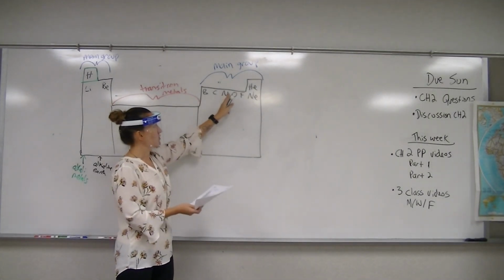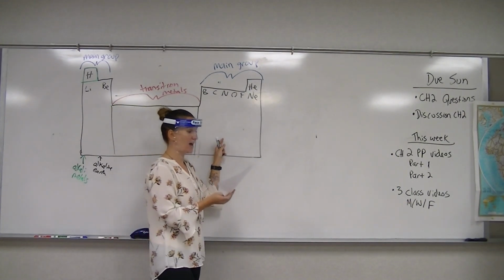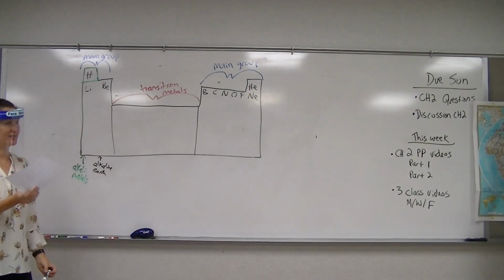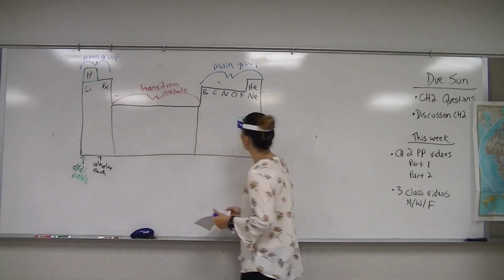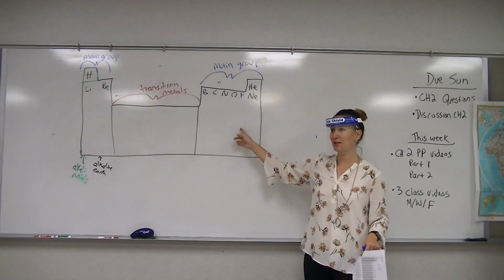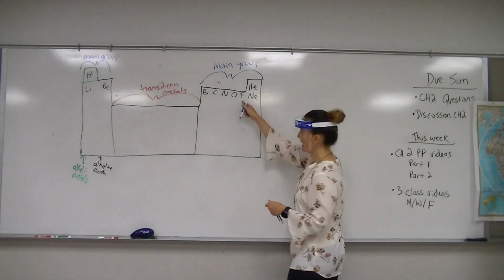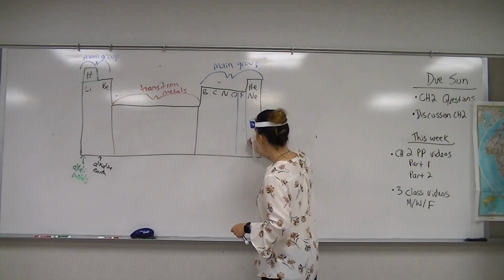Same for nitrogen's group and oxygen's group. Nitrogen on down is 5A or 15. Oxygen on down is 6A or 16. So we're skipping those, and once we get to fluorine, so fluorine, chlorine, bromine, iodine, those do have a special name. They are all nonmetals, and they are called the halogens.